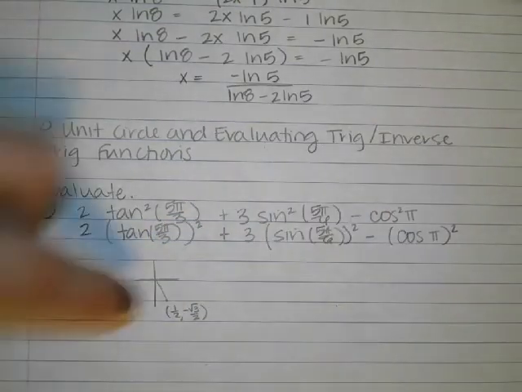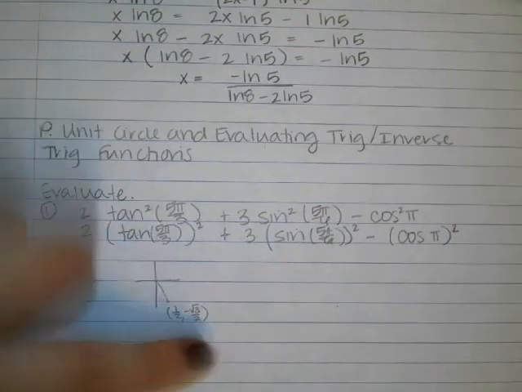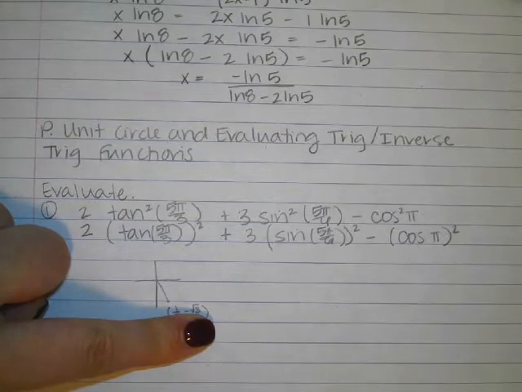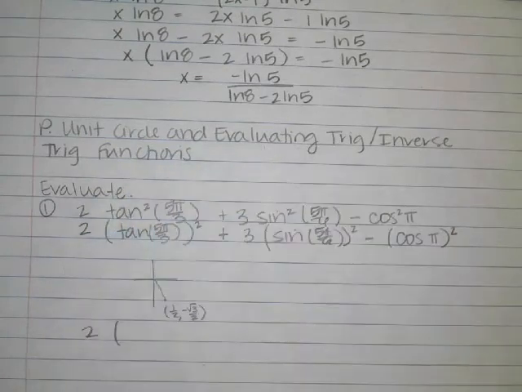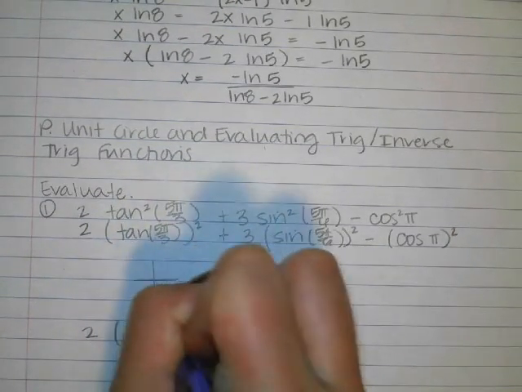And then I know that tangent is y divided by x. Whenever I do tangent, I ignore the 2's because I know they would cancel. So tangent would be negative root 3 over 1. So I've got 2 times negative root 3 over 1, which is just negative root 3, squared.